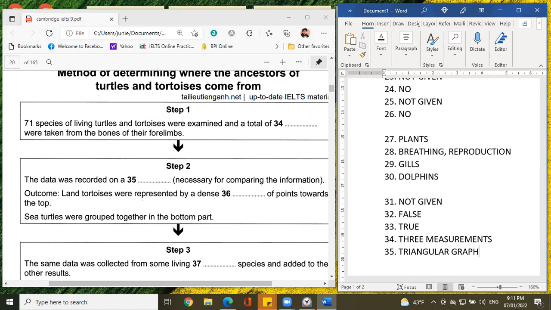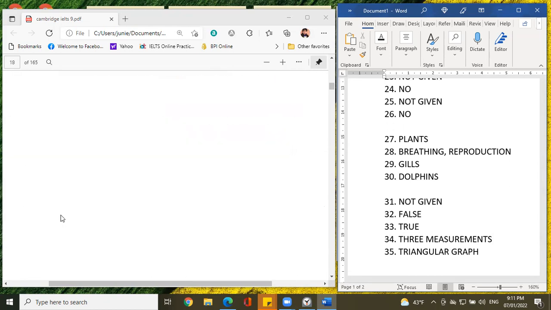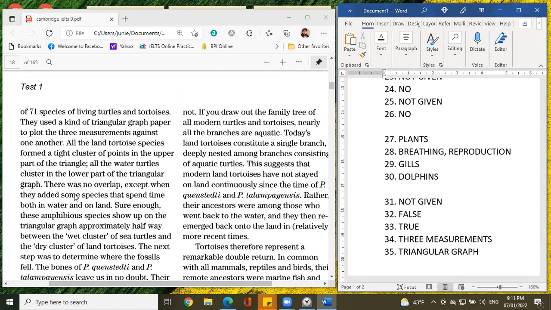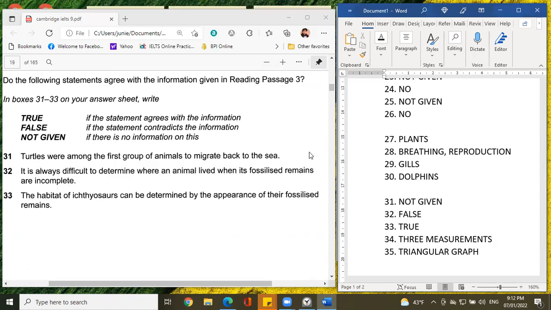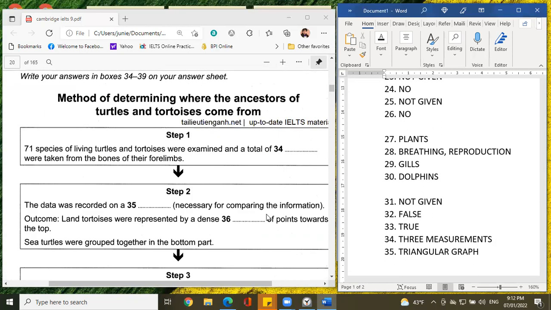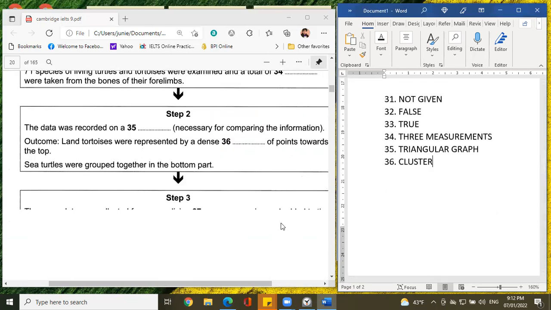Triangular graph. Yun. Land tortoise by a dense blank of points towards the top. So, cluster. Cluster is the answer. Dense cluster points towards the top. See the bottom part.